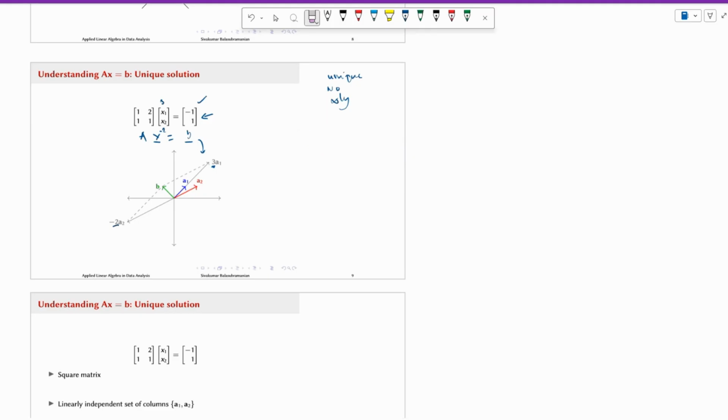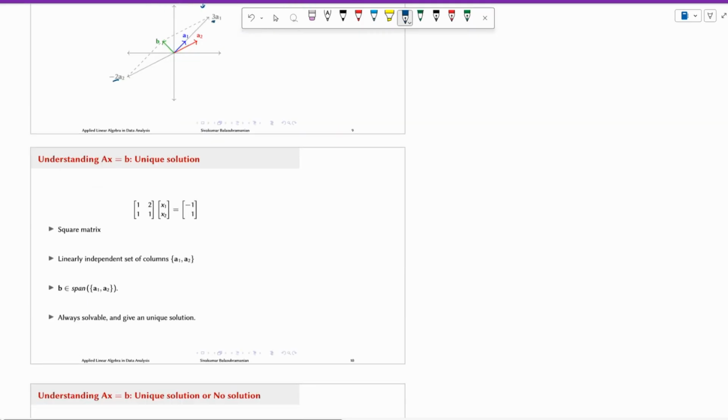Then we could ask, what is the general condition for us to have a unique solution when you have Ax equals b? I will simply state the conditions for now, and later on we'll see geometrically also that it makes sense. When you have Ax equals b, you will have a unique solution when these conditions are satisfied.